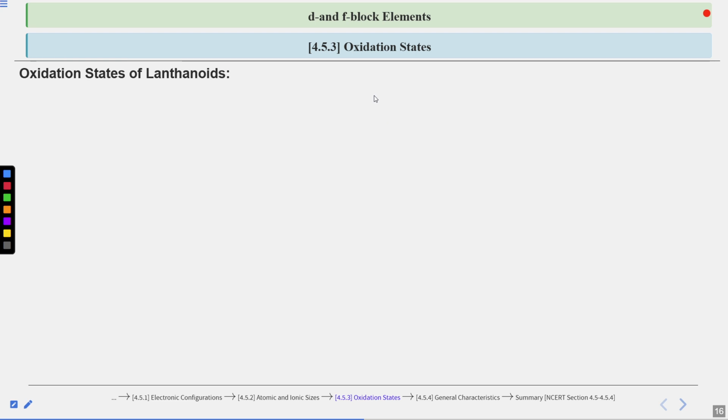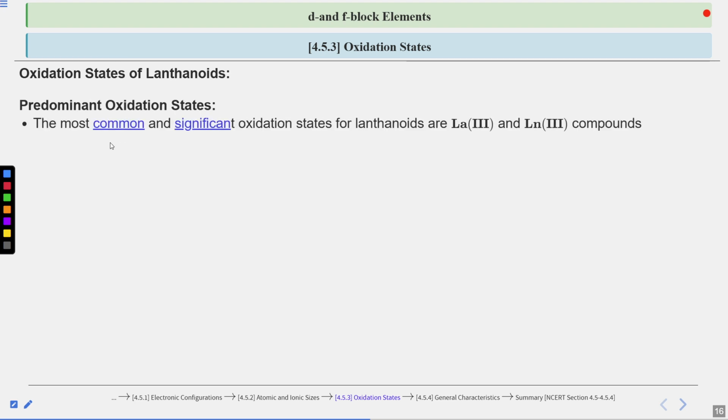Let's talk about the oxidation states, 4.5.3, for the lanthanoids. The predominant oxidation states, the most common and significant oxidation states for the lanthanoids, are lanthanum 3 positive and the Ln 3 positive compounds.